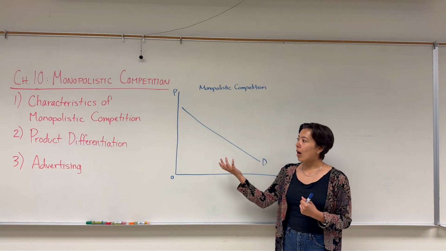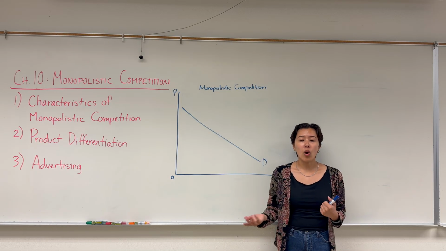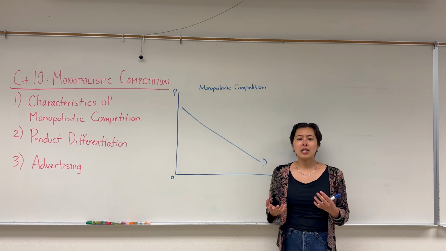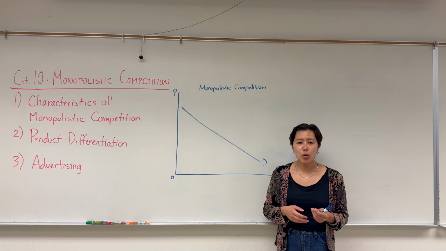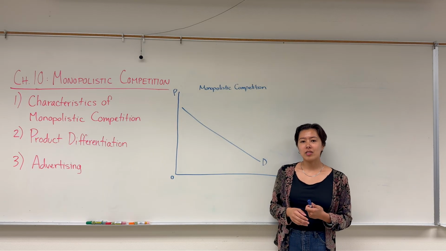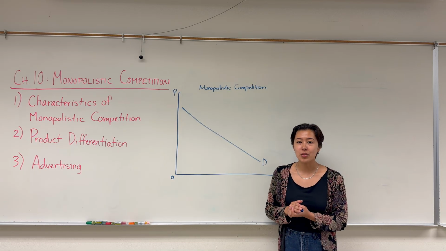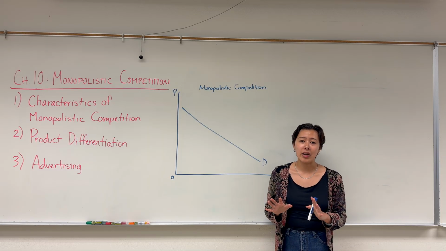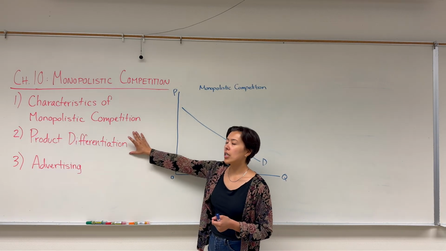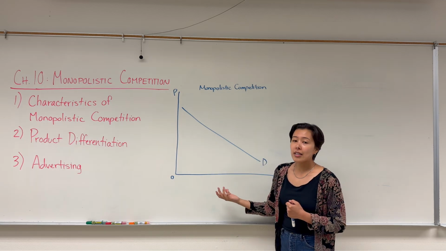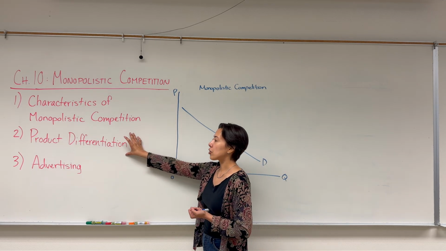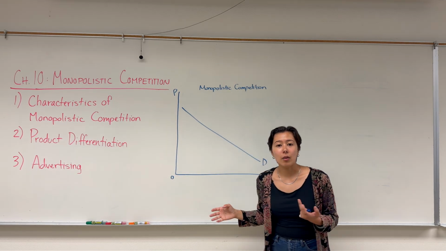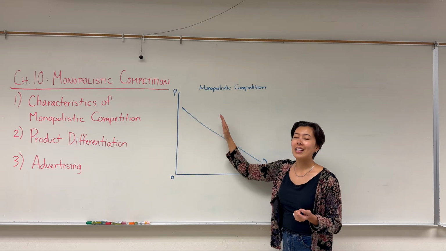Now, the reason why a monopolistic competitor wants to differentiate its product is because it wants to make its good more unique to consumers. It wants to tell them, hey, we're the only ones who sell this good, you can't get it anywhere else. So when a monopolistic competitor engages in product differentiation, they're trying to make their product seem more special or more unique. So what they want is to make their demand more inelastic.